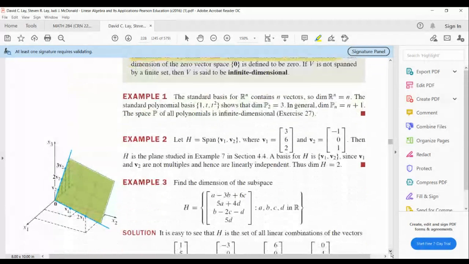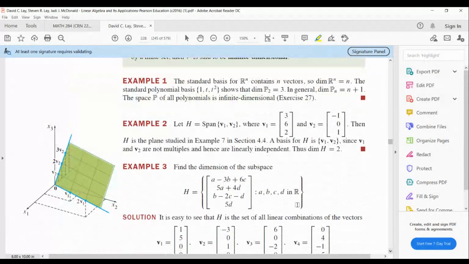For instance, when we had the span of those two vectors, v1 and v2, in example 7 in section 4.4, the dimension of that space is 2. Isn't a plane two-dimensional? How many have heard that term before, that a plane is two-dimensional?